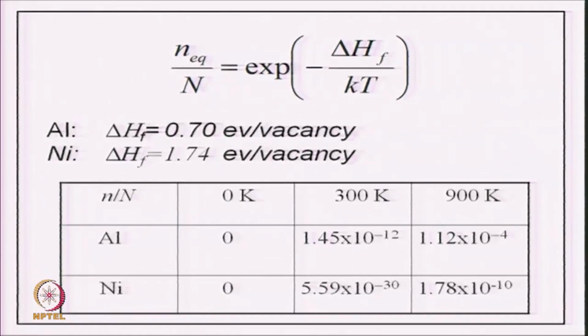So, it can go still higher, to values like 10 to the power minus 4, as this also starts reaching its melting point. In fact, one theory of melting is that the vacancy concentration becomes so high that the crystal is no more able to support itself and just collapses. So, you get melting.